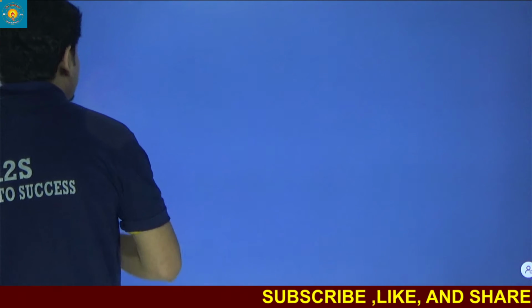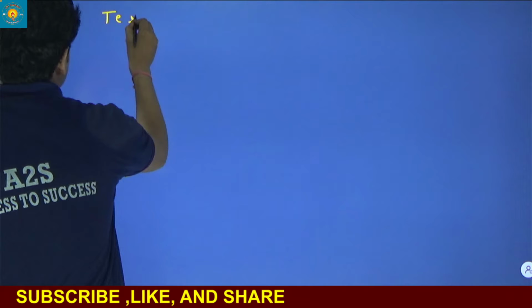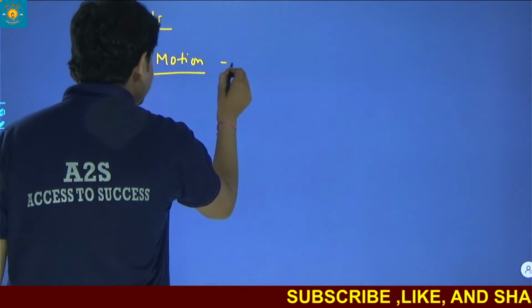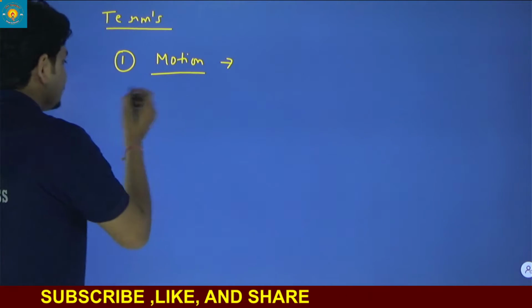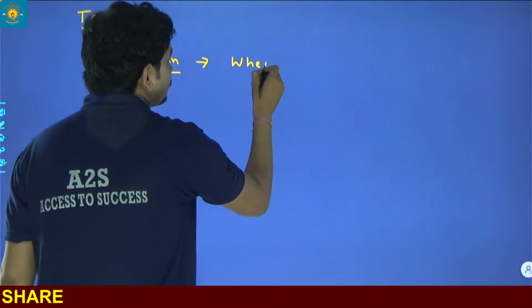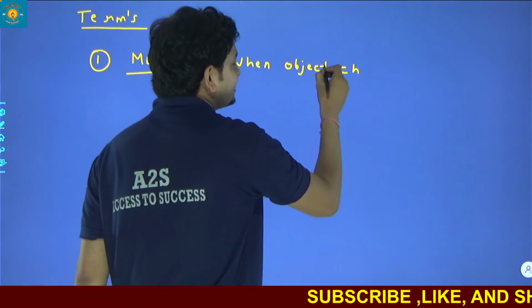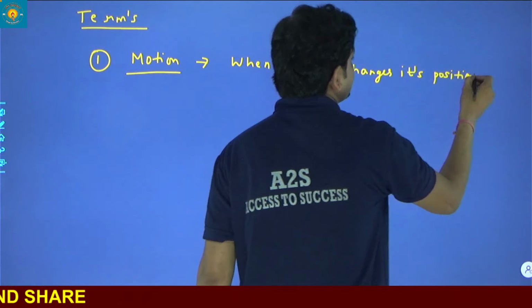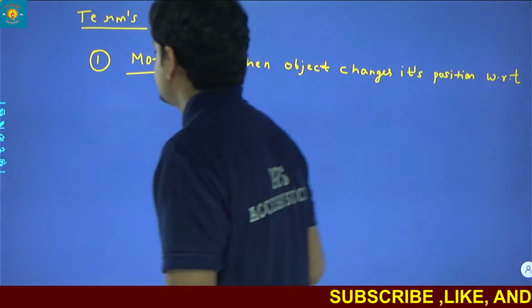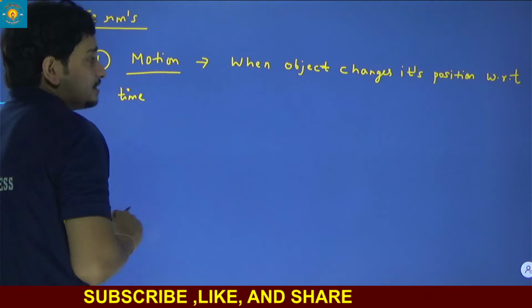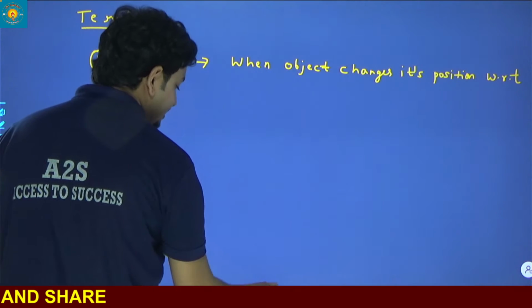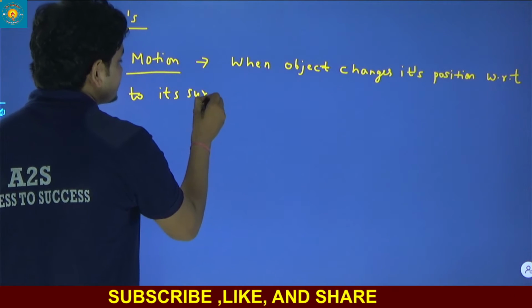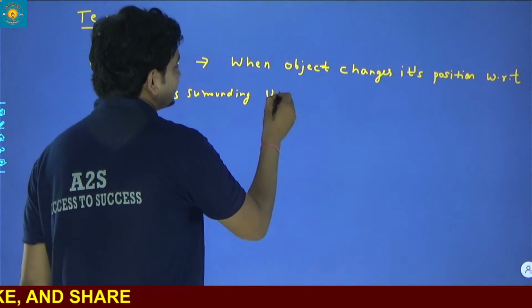See, when we talk about the terms, the two most important terms are, first, motion. What is motion? When an object changes its position with respect to its surrounding, under the passage of time.